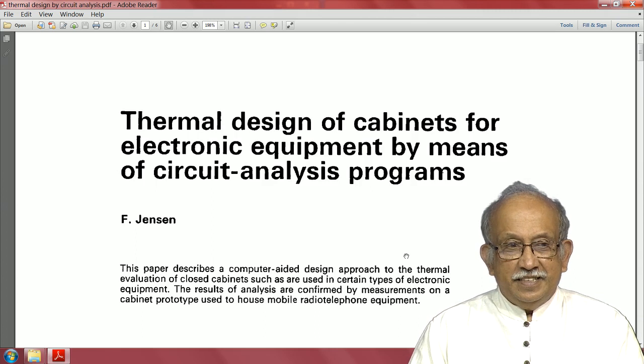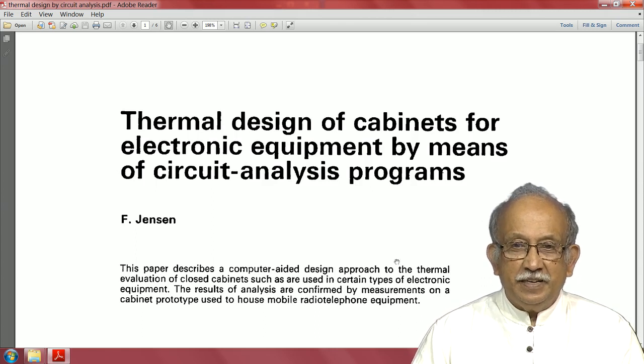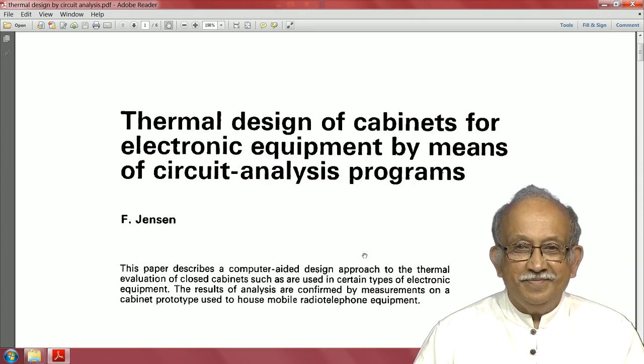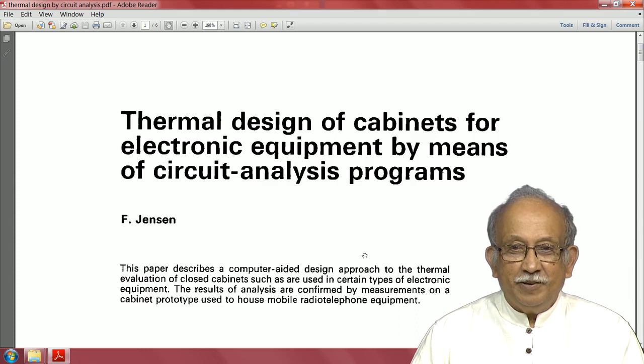And when telecommunication equipment first came, I had the honor of working with one of the government agencies, and on the first rural automatic exchange rack, we tried to do this analysis. I will see if I can retrieve it.